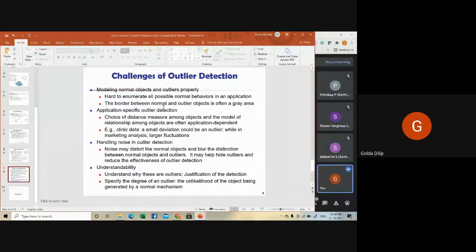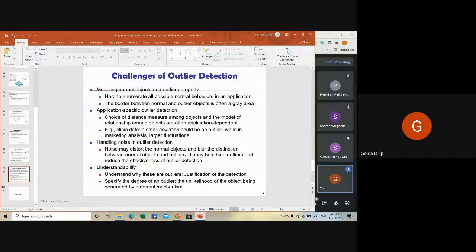Then the last point is understandability. In certain application scenarios, the user may want to not just detect the outlier, but understand why the detected object is an outlier.